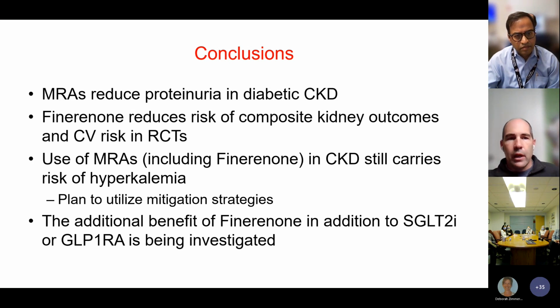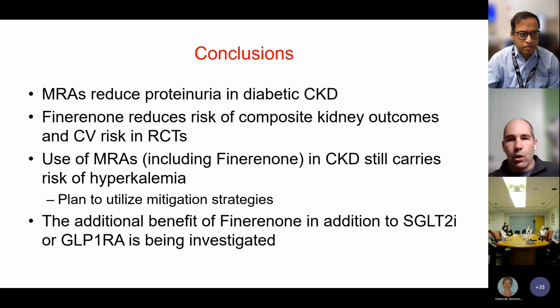All right, so MRAs of all types reduce proteinuria in diabetic kidney disease. Finerenone has been shown, and really this is what I give Bayer, who developed finerenone, credit for actually doing a hard outcome study in diabetic kidney disease, because a lot of people have just avoided that. I would say the developers of eplerenone just kind of said, oh, I don't think we can tackle that.